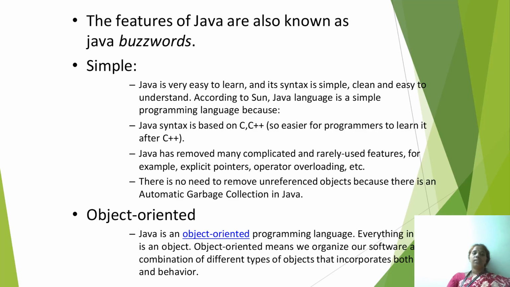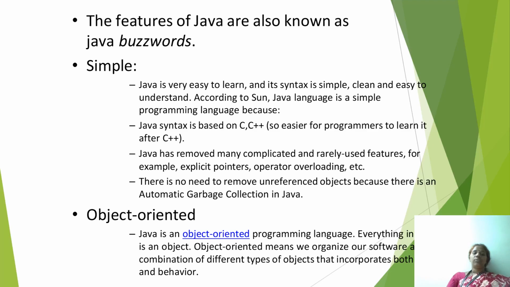According to Sun, Java is a simple programming language because Java syntax is based on C and C++. Java has removed many complicated and rarely used features, for example, explicit pointers and operator overloading. There is no need to remove unreferenced objects because there is automatic garbage collection in Java.